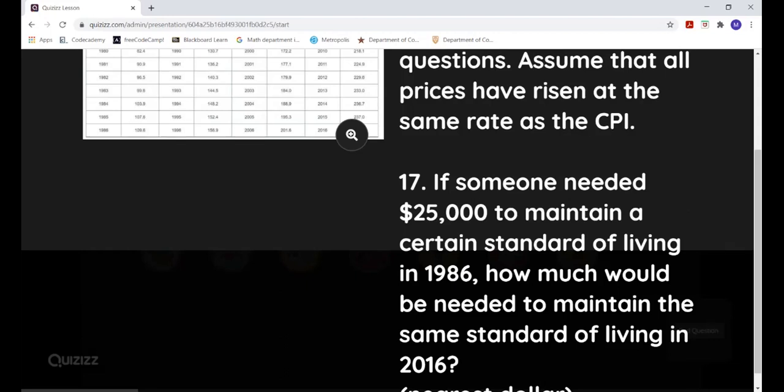Okay, so I talked about this in the notes. You can either write equivalent ratios, or you can use the formula that they have in the book, which is the same thing, just with things rearranged. And so they're saying if we have 25,000 in 1986, how much would you need to have the same amount in 2016?